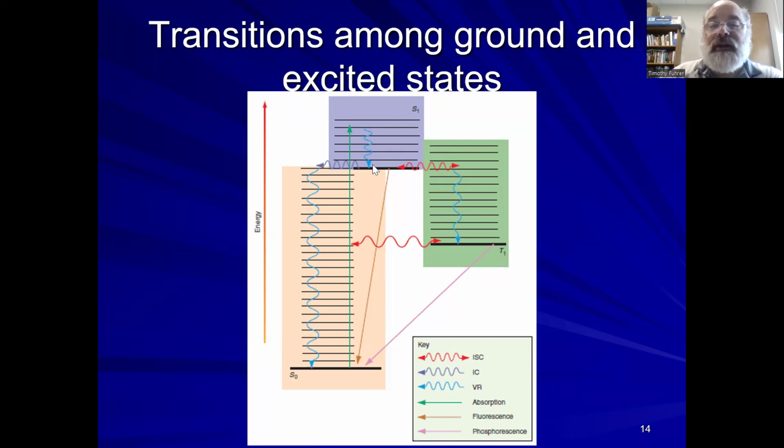lines that are drawn on a Jablonski diagram symbolize transitions that happen without giving off a photon. So when we have this relaxation from a high vibrational state to a lower vibrational state, and we show it with a wavy line, we're talking about vibrational relaxation, or some people might call it thermal relaxation.